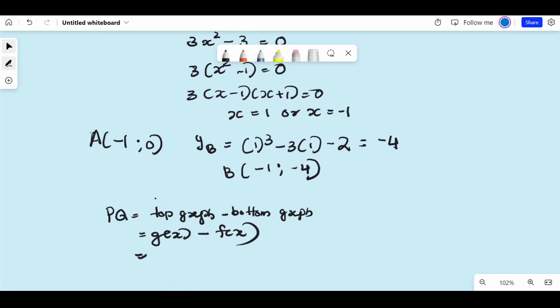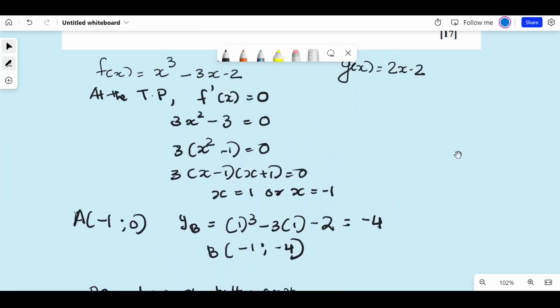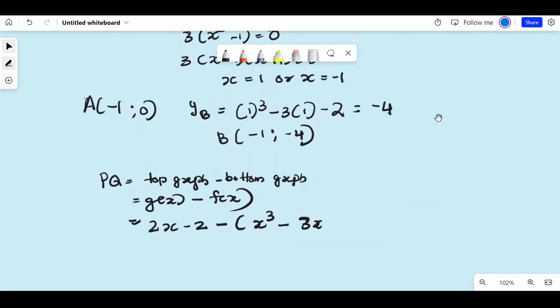So here we write 2x minus 2 minus, x cube minus 3x minus 2, which is equal to 2x minus 2 minus x cube plus 3x plus 2 when you open the bracket.